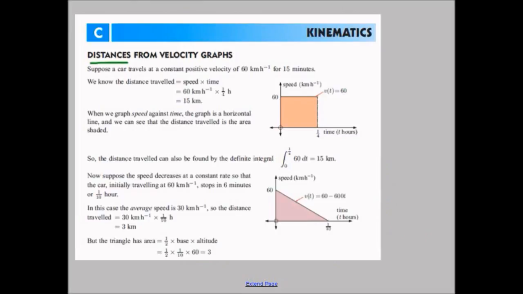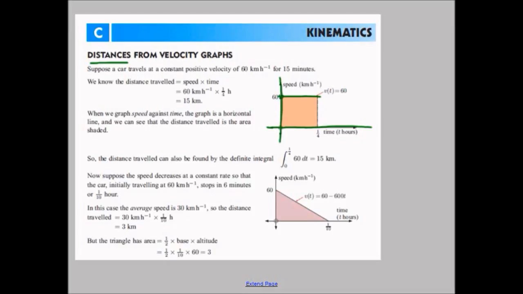All right, so distances from velocity graphs. If we have a velocity graph that looks like this, it means that we have speed along our y-axis and time along our x-axis. If we have a velocity graph where we are going a constant speed of 60 kilometers an hour, we could draw that on here, for 15 minutes.